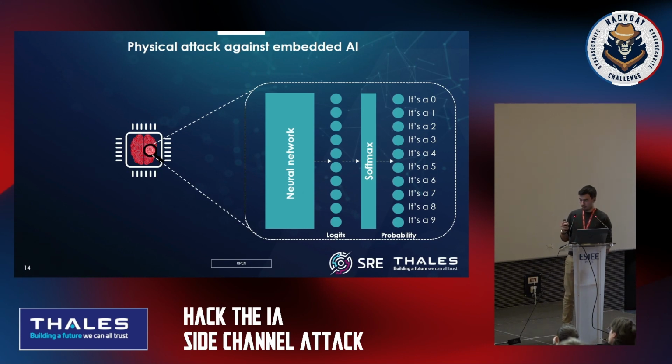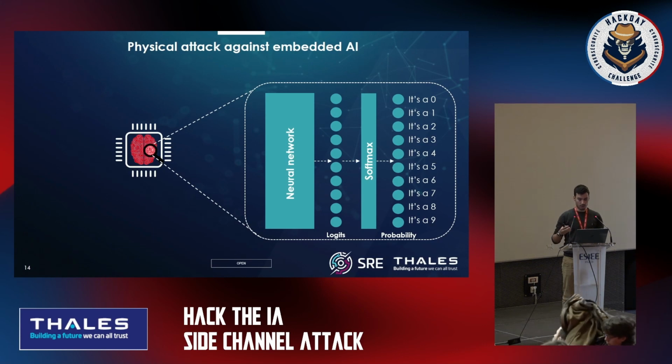So what we want now is to understand how we can correlate the physical traces with the given neural network, and how we can correlate the logits that we want to extract with it. To do so, we have to clearly understand where the logits are manipulated inside the neural network.